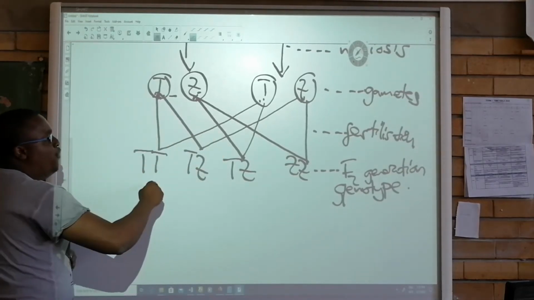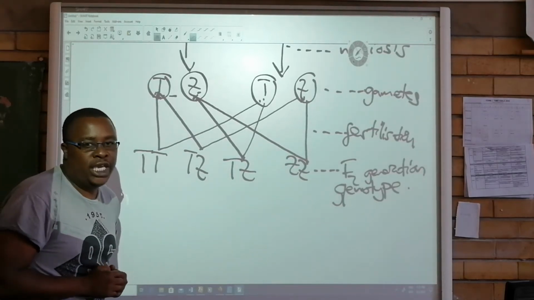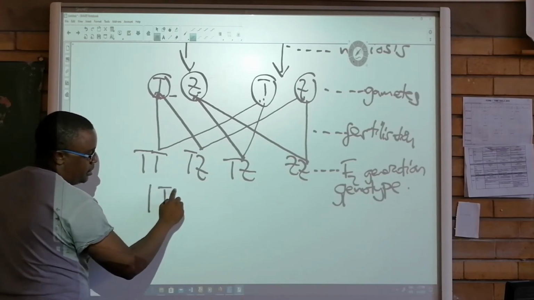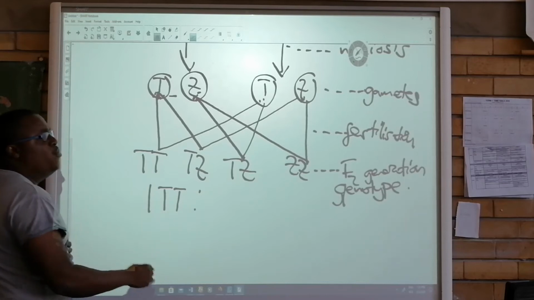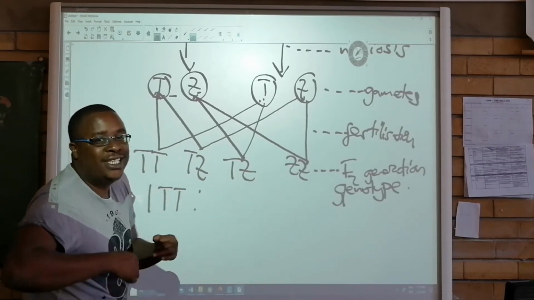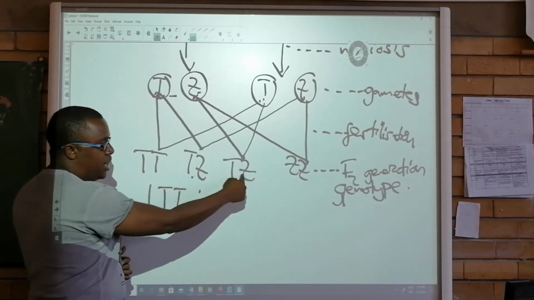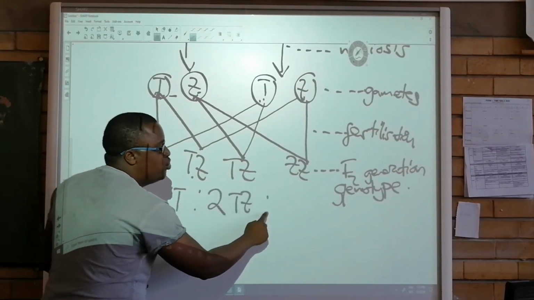How many homozygous dominant do we have? Only one. So we write 1. How many of the heterozygous genotypes do we have? 2. So we write 2.